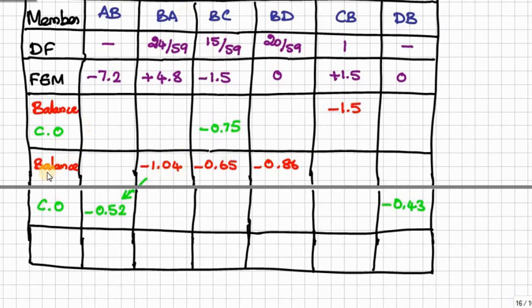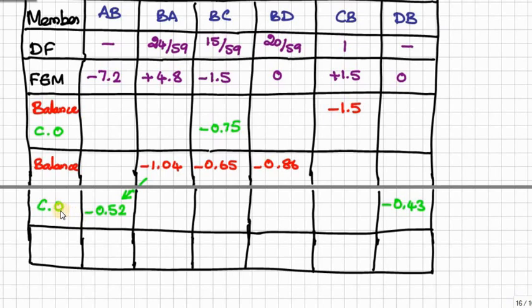Now, in the balance step, joint B is balanced. There is no extra moment, and joint C also has no extra moment added, so it is already in equilibrium. And joint A and joint D are fixed supports. Therefore, they can carry any moment. There is no problem at all. No need to balance anything here.